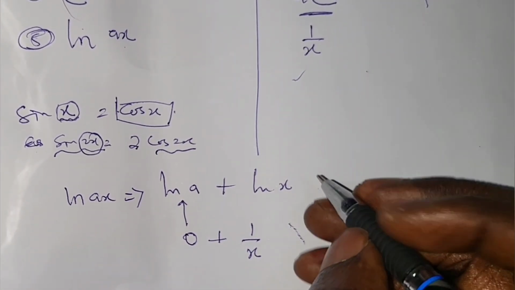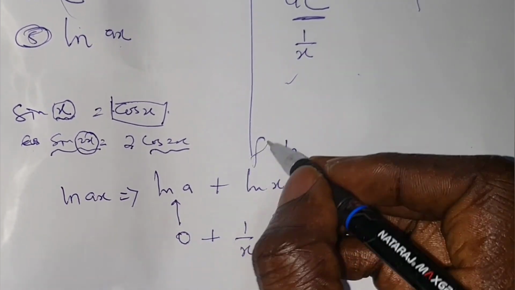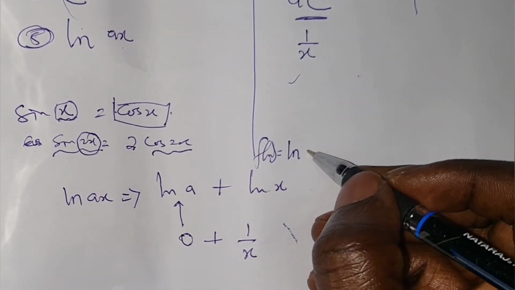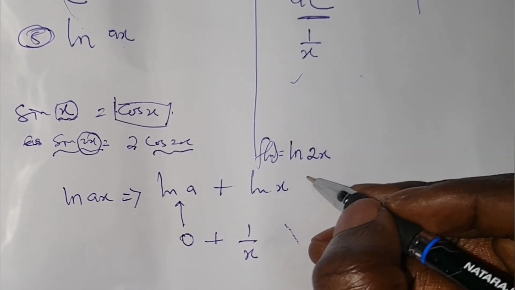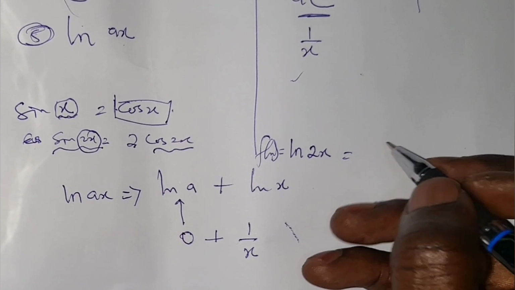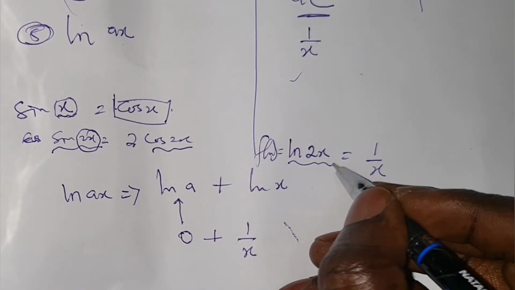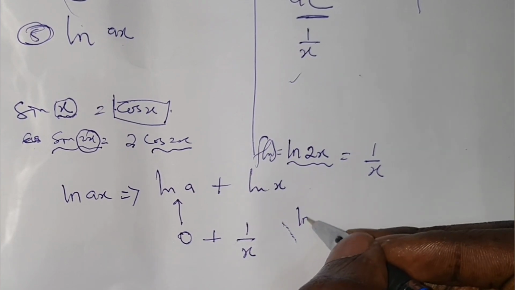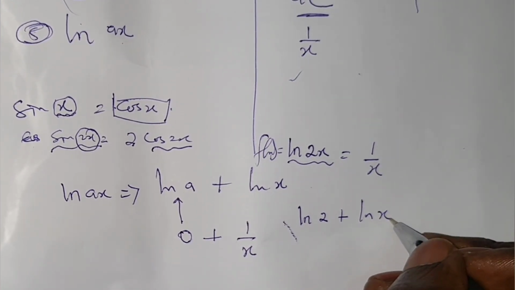So if you are asked to differentiate, let's say, ln of 2x, then the differential becomes 1 over x. The reason is ln 2x can be written as ln of 2 plus ln of x.